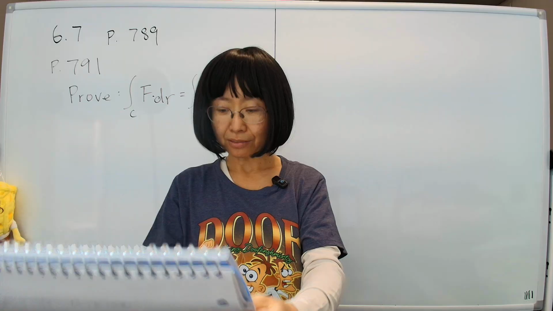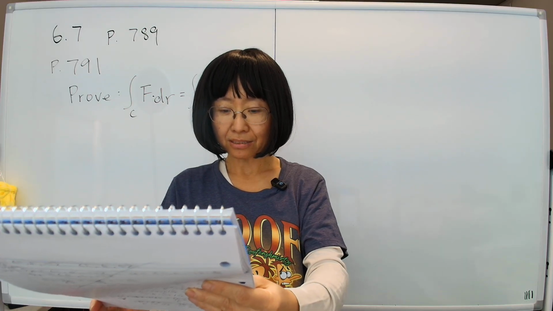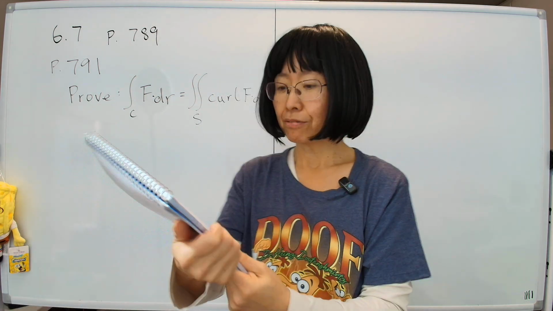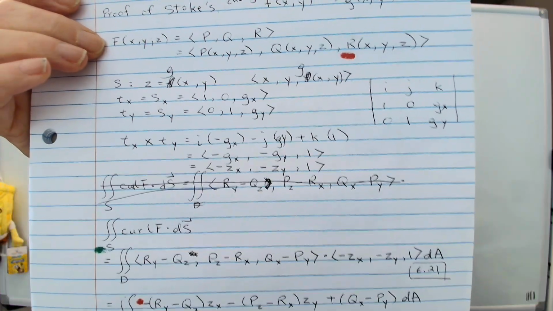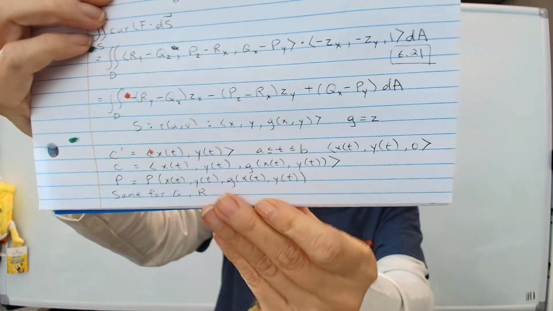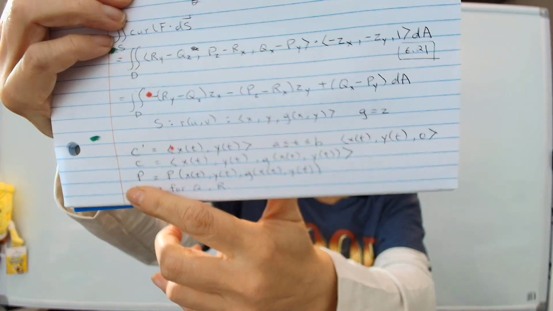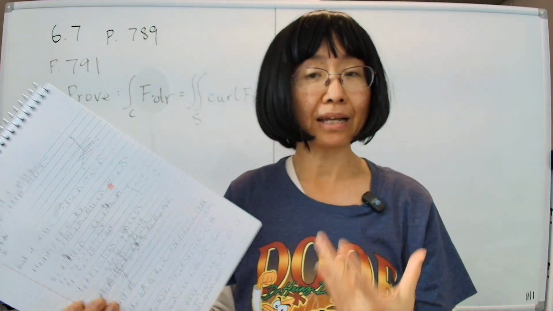And so that's the parameterization of the curves. Next, let's consider the functions P, Q, R. Originally, we said that the function F with P, Q, R is defined as all the parts of F, right? Specifically, each one is in terms of x, y, z. Now, if we are going to parameterize, then P will be, now we're going to plug everything in.